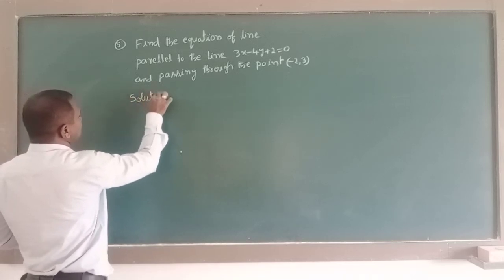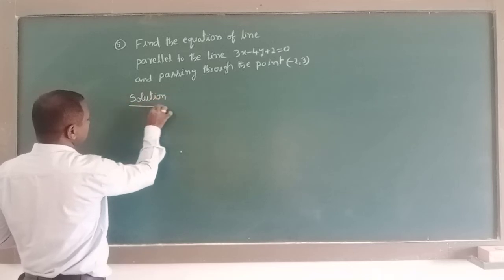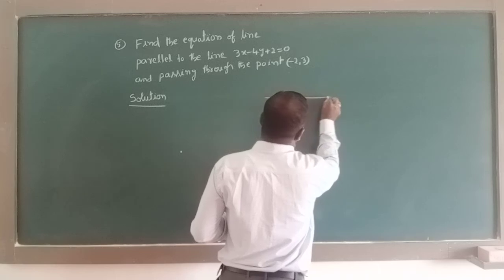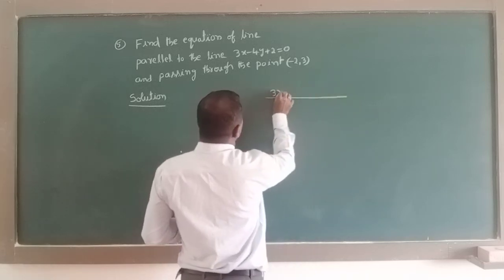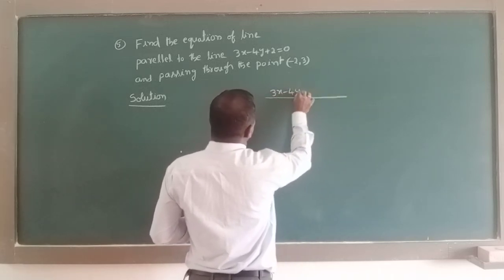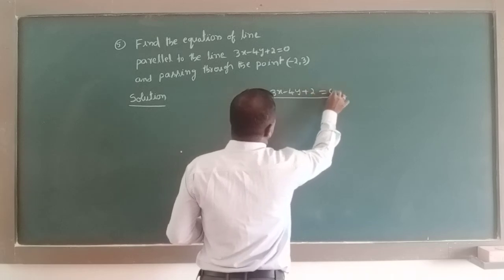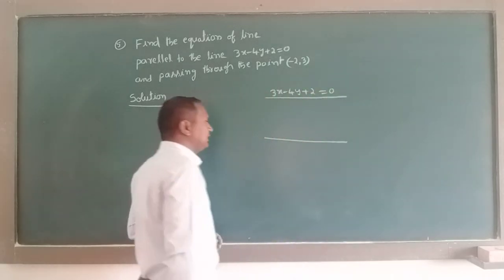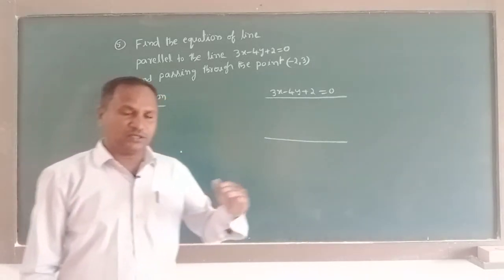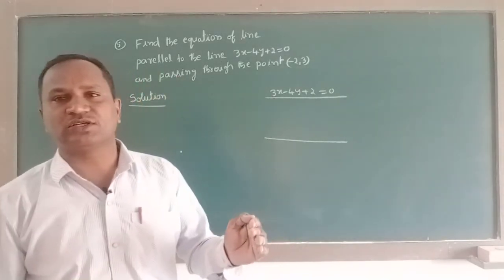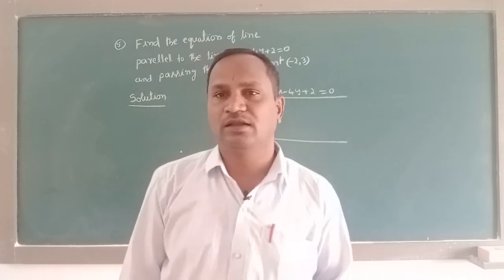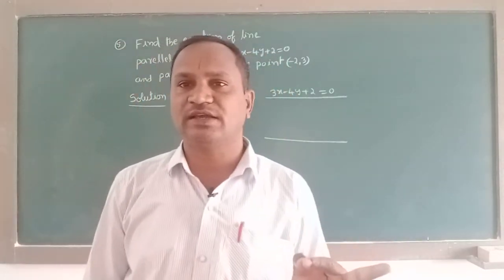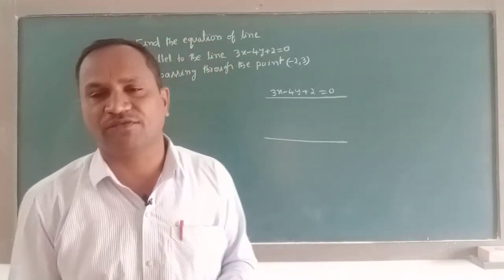Solution for this question: here one line is there, just consider that line is 3x minus 4y plus 2 is equal to 0, and one more line parallel to it. In the previous question also we observed that in the case of parallel lines, the coefficients of x and y are the same but the constants are different.